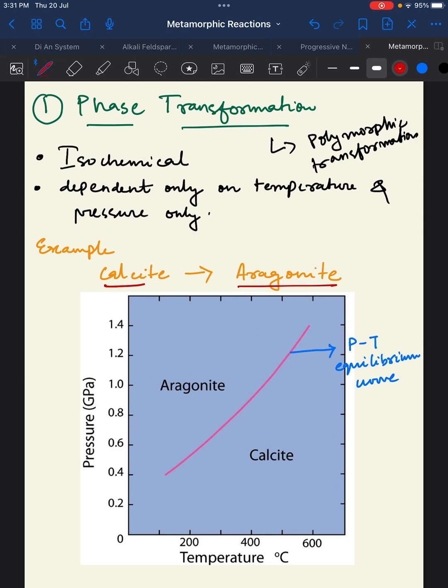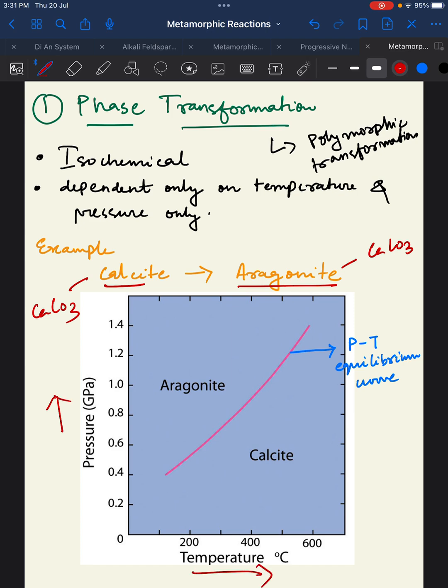Calcite has the formula CaCO3 and aragonite also has the formula CaCO3, but calcite and aragonite exist in different pressure temperature conditions.